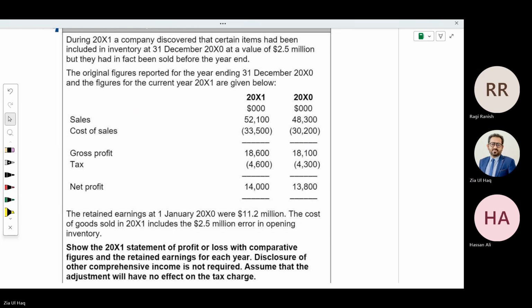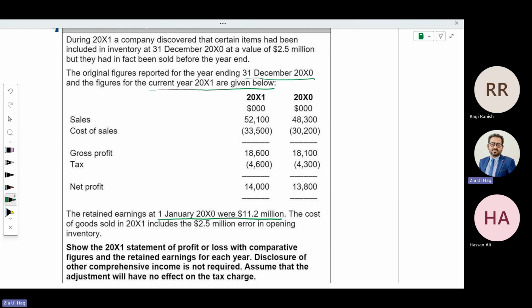The original figures reported for the year ended 31st December 20X0 and the figures for current year 20X1 are given below: sales, cost of sales, gross profit, tax, net profit. The retained earnings at 1st January 20X0 were 11.2 million. Previous year opening retained earnings were 11.2 million.